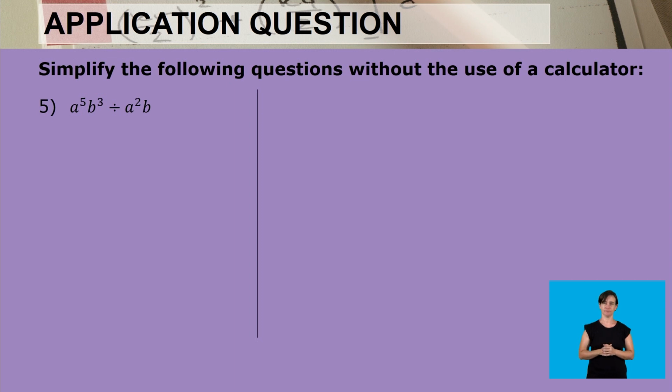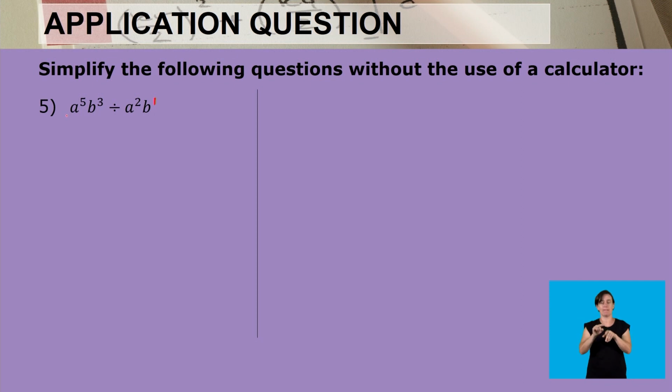Now, firstly, we know that that b has an exponent 1 as explained previously, that if there's no exponent there, then the exponent is a 1. Then we are going to divide. Now remember, when it comes to division of powers of the same base, you need to make sure that you are looking at powers that have the same base. So now we are going to be looking at the a exponent 5 with the a exponent 2.